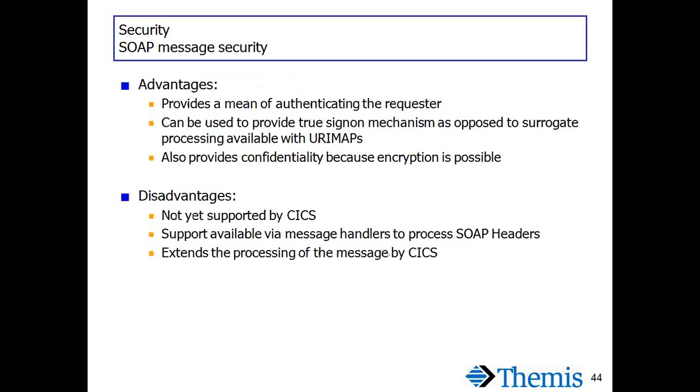Kind of strange. So advantages: I can authenticate user IDs and passwords. It does do some data encryption. It says not supported by CICS. Well, it is, but you have to implement special message handlers. It's not in the standard base product. I have to do some special definitions. It does extend the processing of the message, adds a bit of overhead. And it's also kind of a pain because it's done on a field-by-field basis within the XML document.